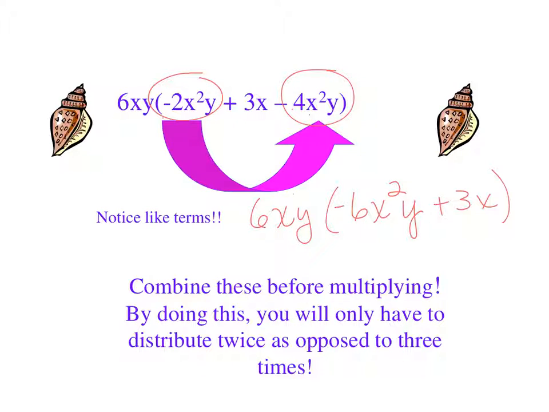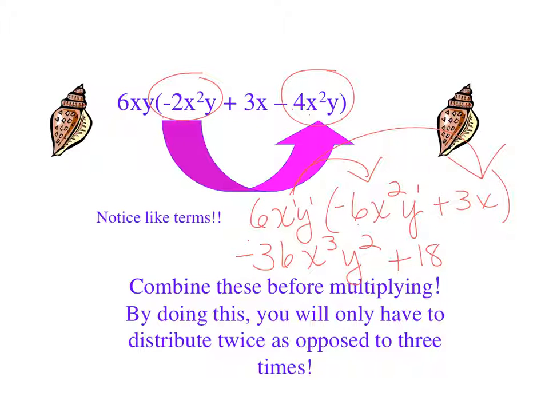And then I can use my distributive property. Multiply my coefficients, rewrite my bases, add my exponents, rewrite my base y, add my exponents, then I'm going to distribute over here. Multiply my coefficients, rewrite my base x, add my exponents, and I just have one y.